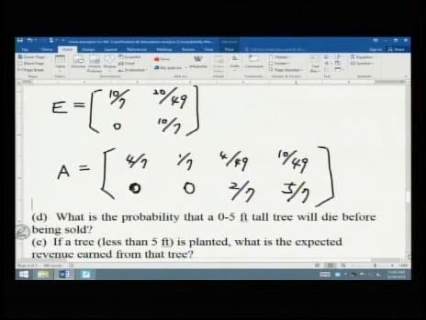Okay, now we should be able to answer the last two questions, D and E, right? What is the probability that the short trees will die before being sold? So which value do we need to look at?